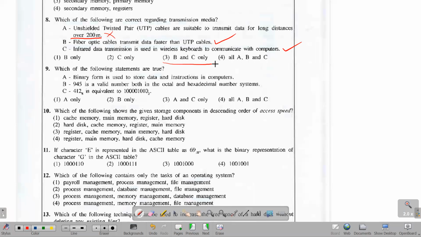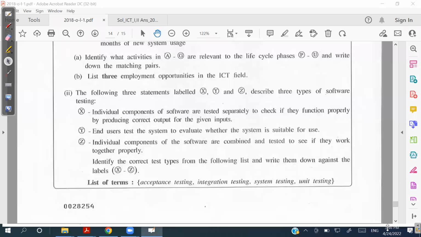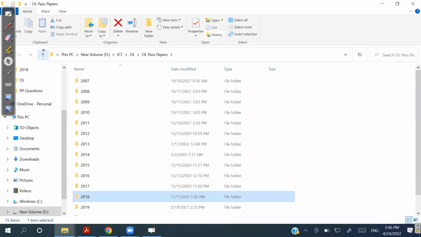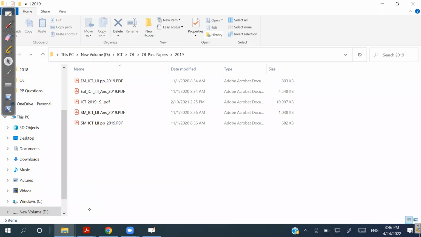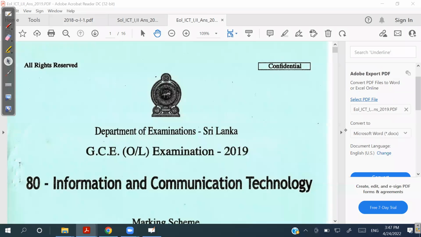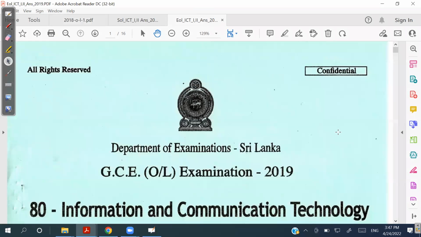Let's cross-check these people. The 8th question, 2019. Right, the 8th one.